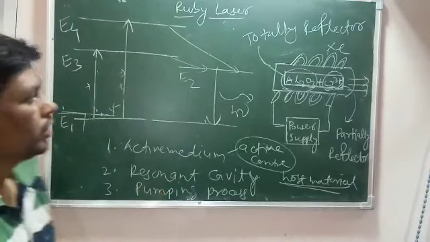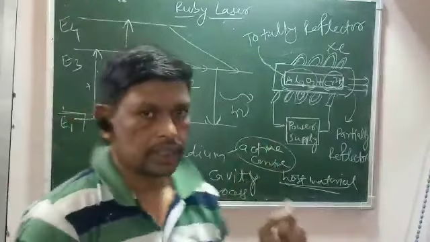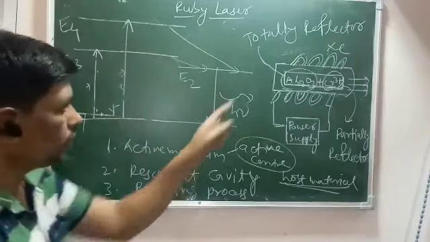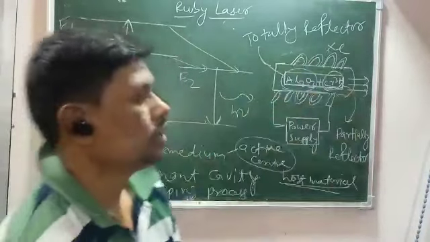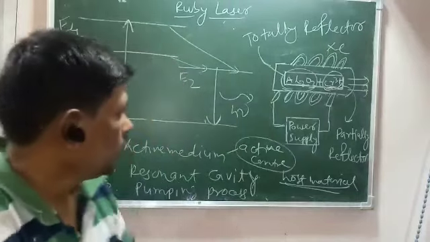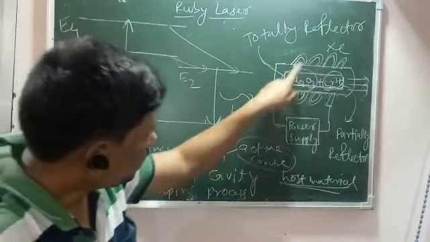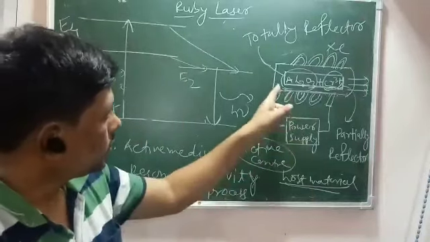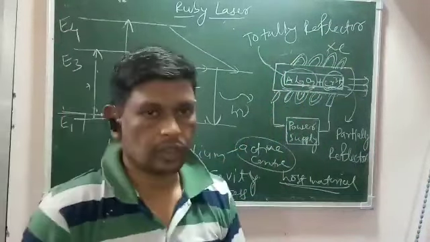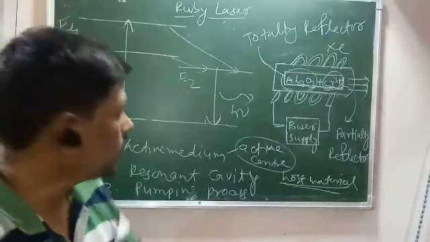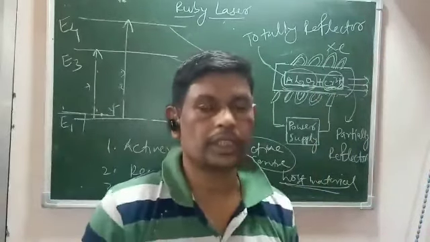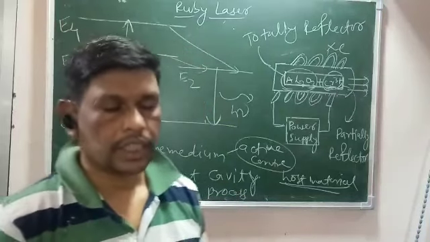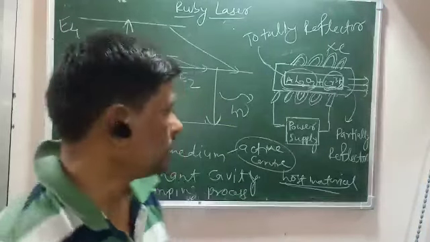The fourth part of this laser is the cooling system. Here we cannot draw the cooling system arrangement. The cooling system arrangement is similar to the helical tube. Water is used for the cooling system. A large amount of heat is generated due to the laser process.